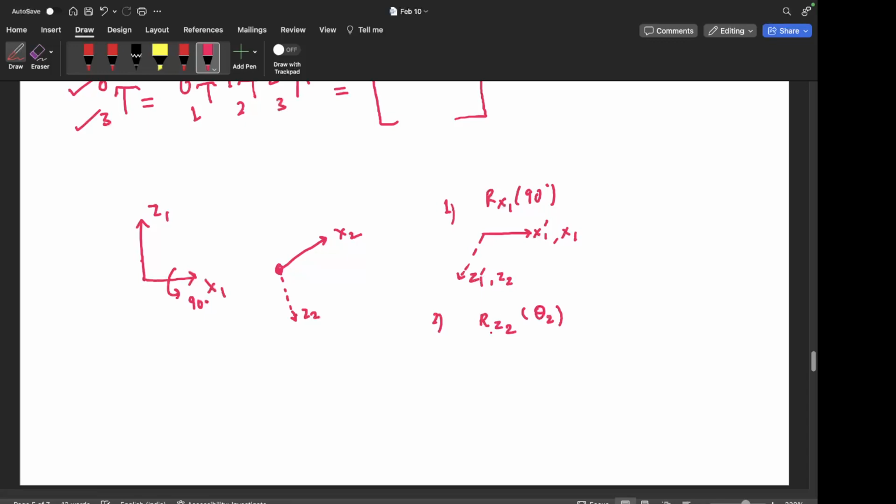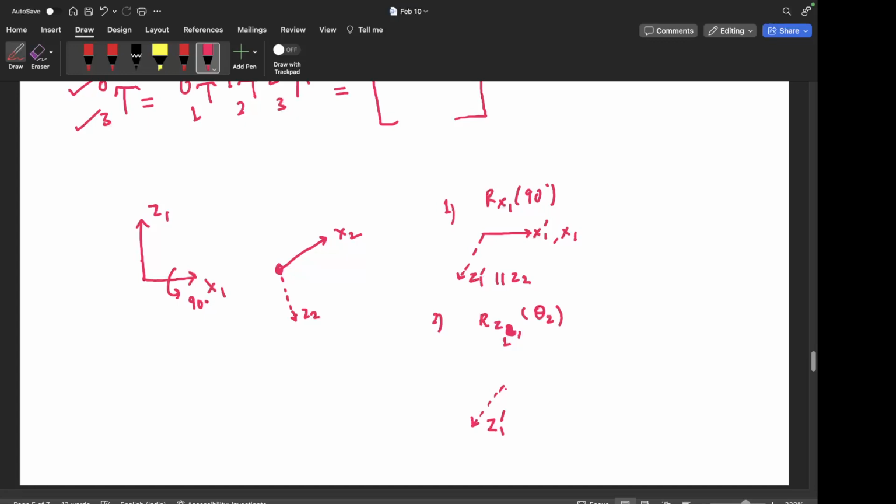You can draw the new frame. I should not write z2 here yet, because I will only write it when the frames become coincident. They are still not coincident, they are just parallel in this case. I will write that this is parallel to z2 currently. So let's also write z1 dash here. z1 dash and z2 are parallel, and writing rotation matrices about parallel axes is effectively the same.